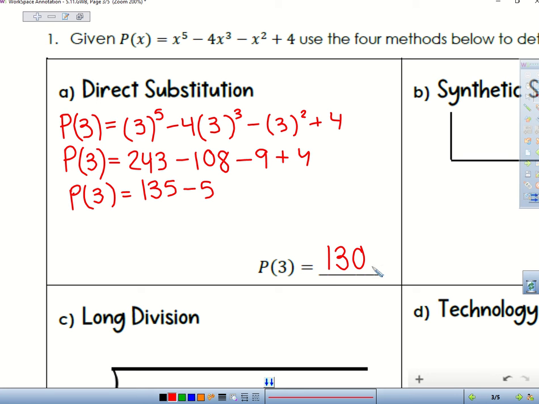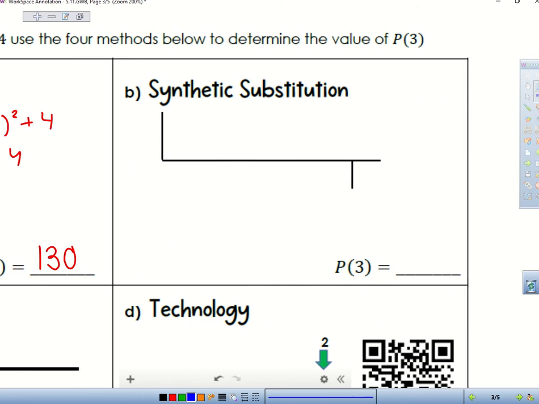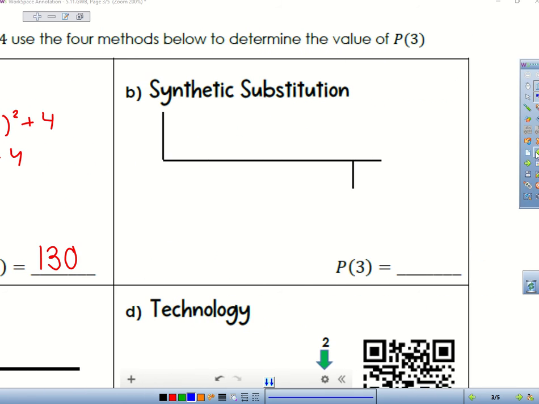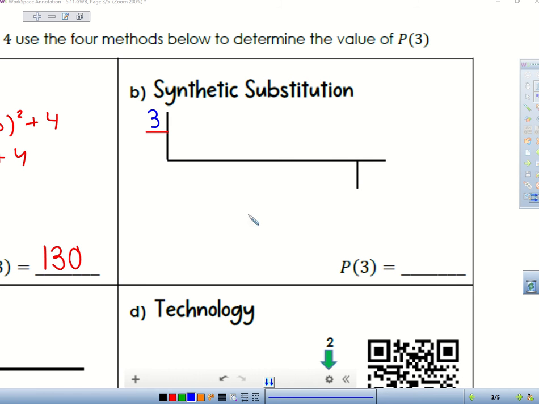So here's how this applies to this lesson, because I know you all know how to do this. This is where it comes into play with synthetic substitution. What you're going to do here is basically synthetic division, okay? Set up your synthetic division as always, and we're going to be dividing by the value of 3. When we do synthetic division, we have to put in placeholders.